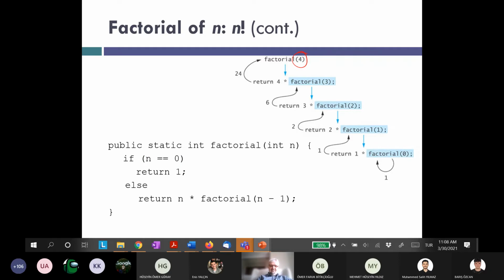So what is the running time? For the running time, you can talk about the running time T(n), where n is this value, right? Or you can talk about the number of multiplications that is performed in this algorithm, since this multiplication is the basic operation that is performed in this algorithm.